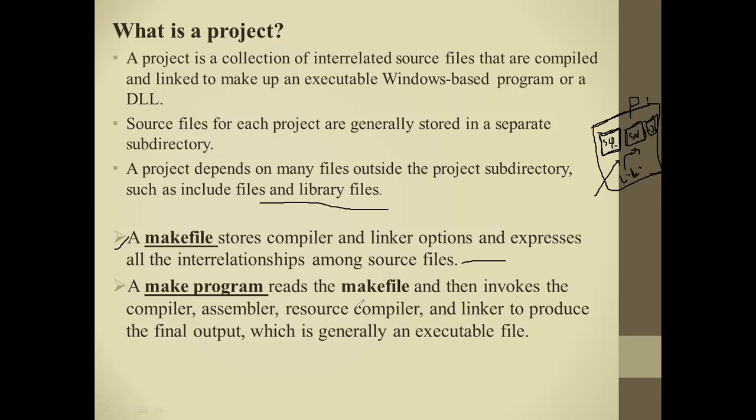The makefile is responsible for calling the functions for compilation, for assembling the language, for the resource compiler, whatever resource we require, or linking the library files. Once it calls these functions, it is again responsible for the final output and for producing the executable file.